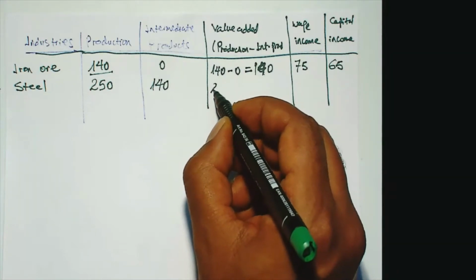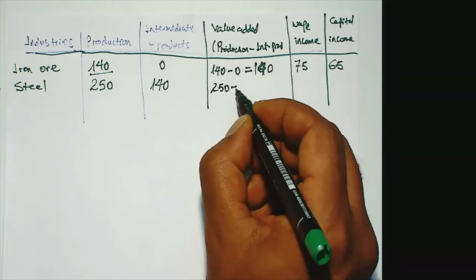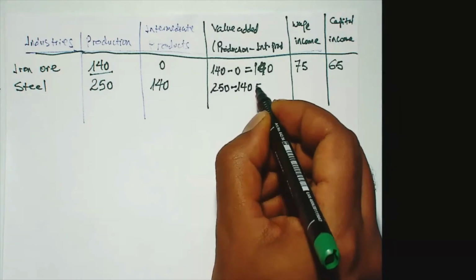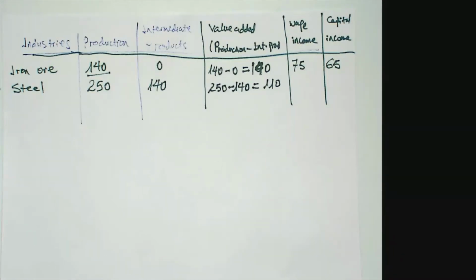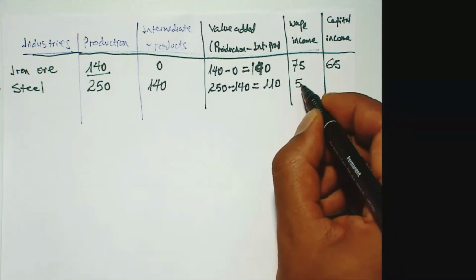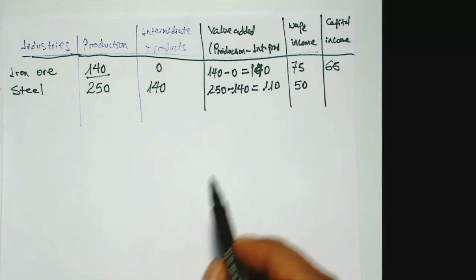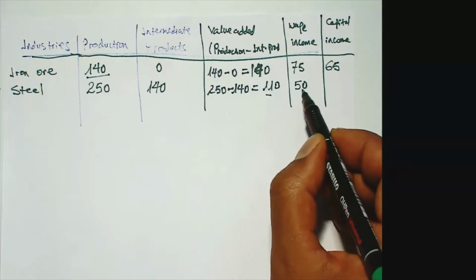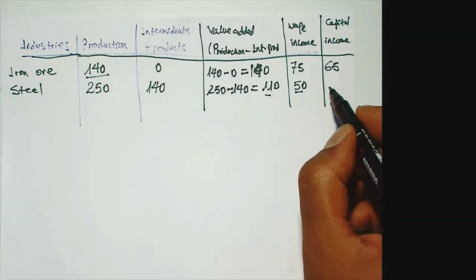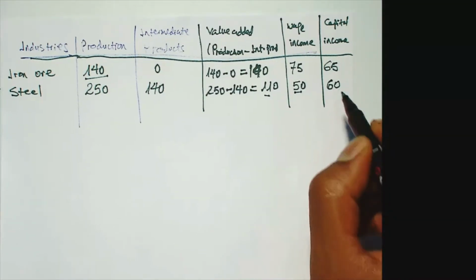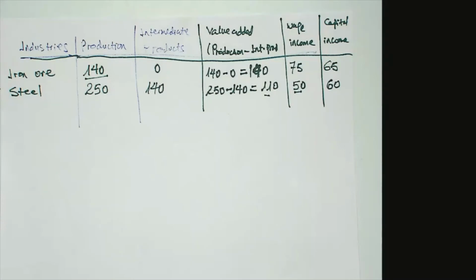Similarly, the value added would be 250 minus 140, which would give us a value of 110. We have said in the steel industry wages are equal to 50, and then we take the difference between value added and wage income, which is 110 minus 50, which would give us 60 euros as a value of capital income.